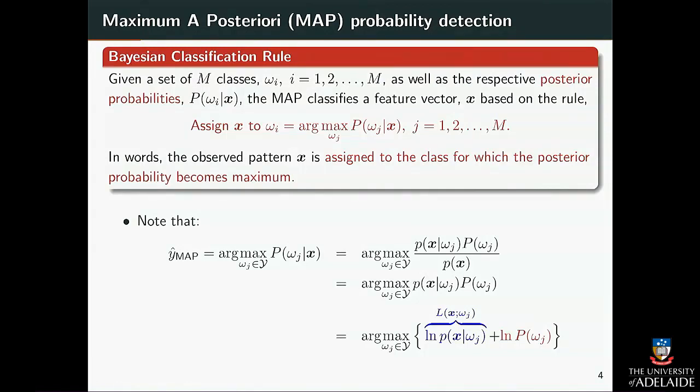So the first step is simply Bayes, right? I'm using Bayes rule. The second step, though, I'm dropping something in this ratio, in the Bayes rule, which actually doesn't change which omega I'm going to choose, because it's constant across all of them. So it's a constant factor. I can drop it. The other thing that I can do is take the logarithm of this product. This will split it in two components.